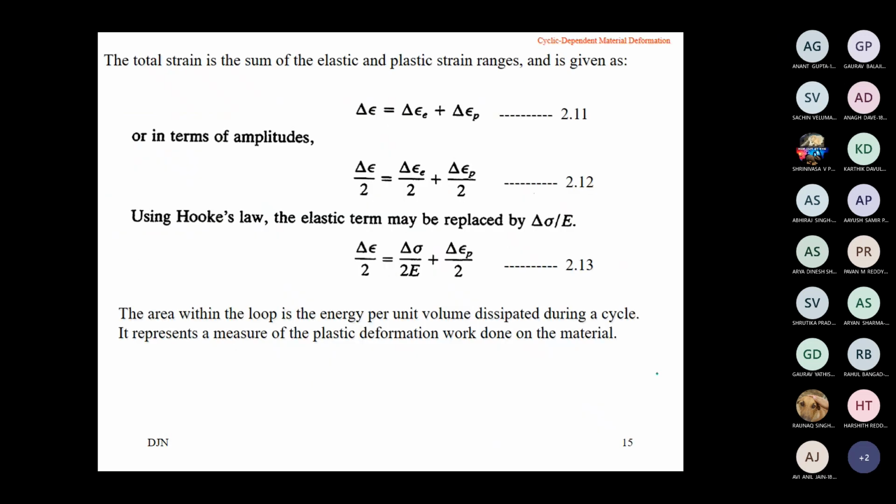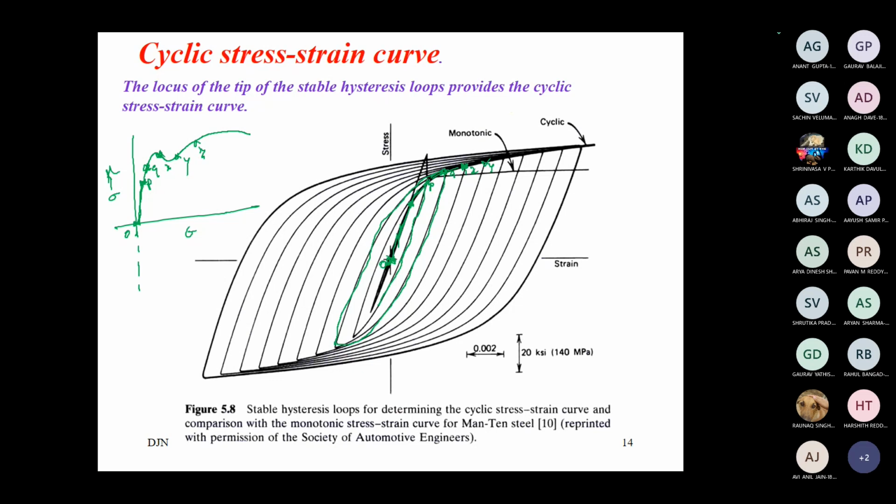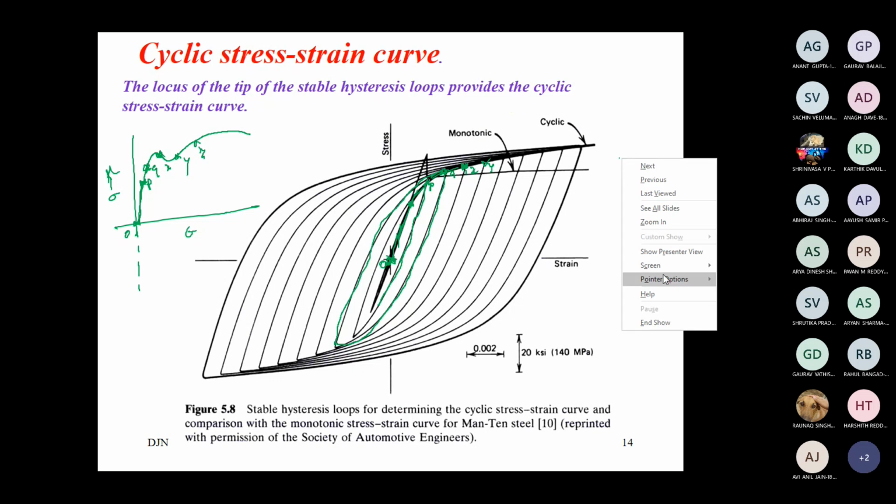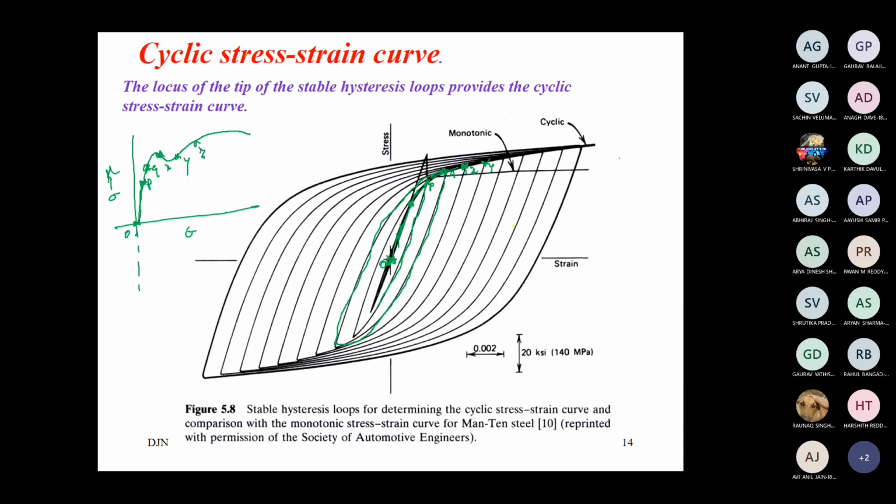Once you have obtained the stabilized hysteresis loops, next your job is, I think yellow color would be fine. Okay. Next your job is to connect the tips of all these hysteresis loops. Are you observing here?